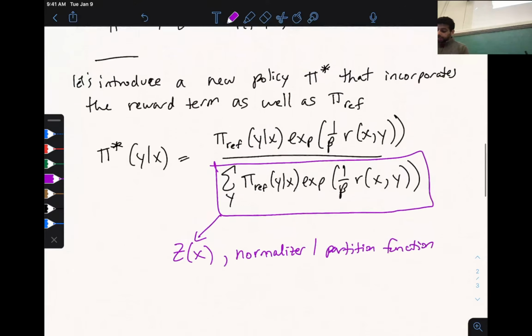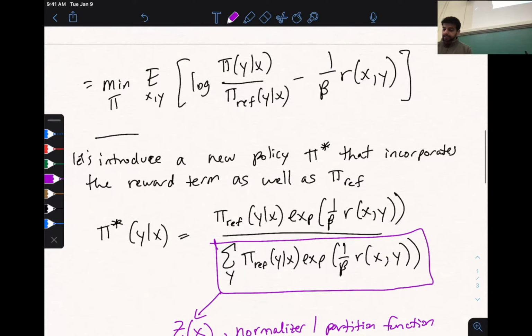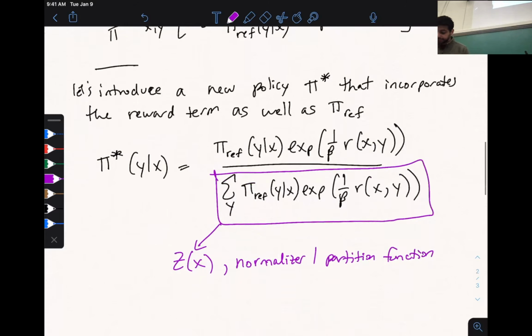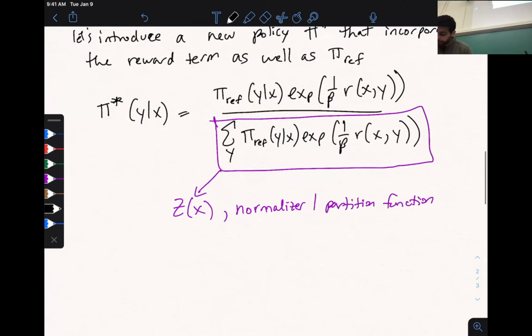Okay, so what they do is they take this minimization objective that we have here, and they rewrite it to include this z of x term. And you can just do this with some basic algebra.